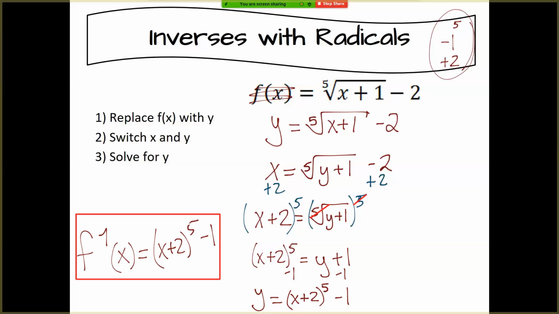So right here would be my final answer. F inverse of x equals x plus 2 in parentheses to the fifth power minus 1. Questions on this? So we can always double check. I wrote that I should have a fifth power, a minus 1, and a plus 2 in my answer, and I have exactly that at the end.